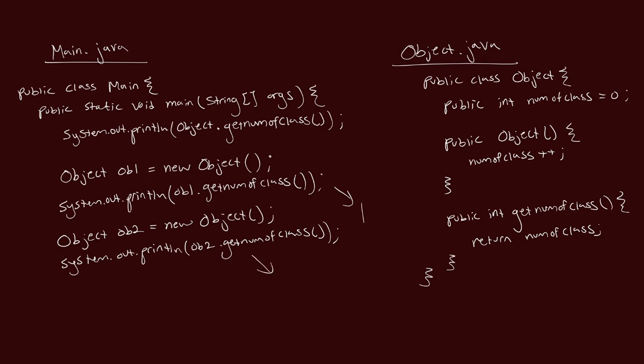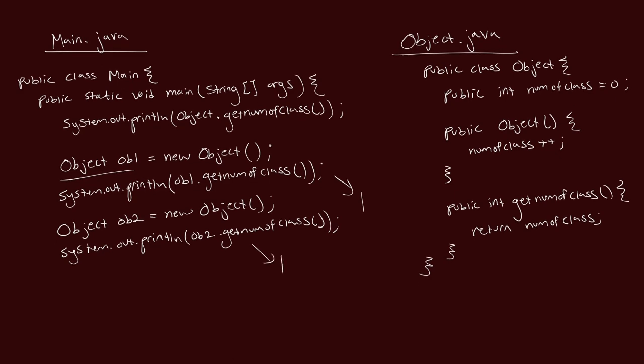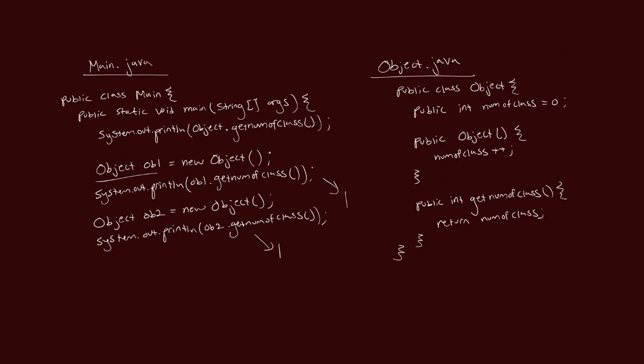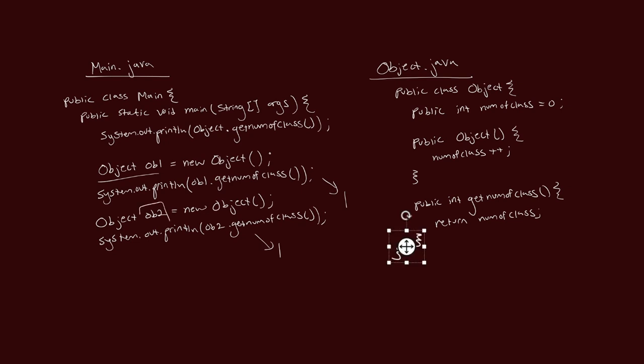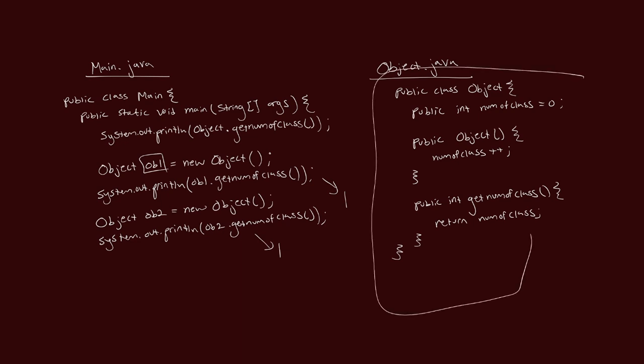We want it to display 2 because we called our object class 2 times. But every time we create an object, everything resets for that variable. All the code in object 1 is unique to that object, and then for object 2, everything gets reset.